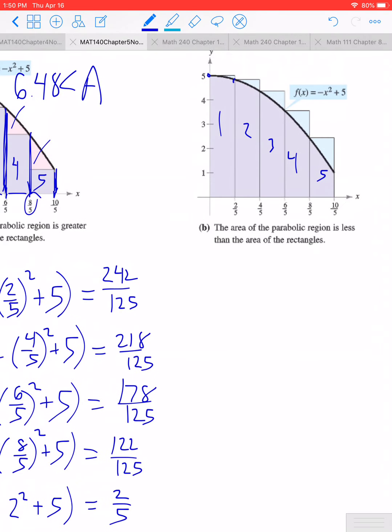To find the area of each rectangle, again, this is area equals length times width. The length for each of these is still that same standard fixed length of 2/5. And this time, if you look at the width of each rectangle, it's given by the height, which is the function value at the left endpoint of each region.